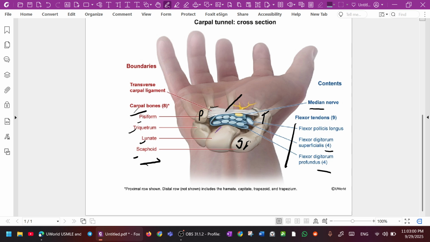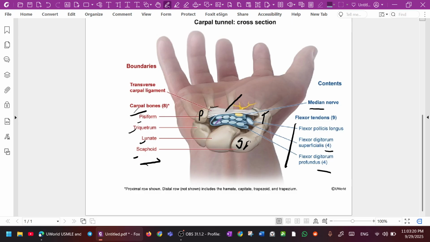Compression induces microvascular injury, venous congestion, edema, inflammation, resulting in nerve dysfunction due to ischemia and demyelination. Sustained severe compression can cause axonal loss, which can manifest as severe disease.